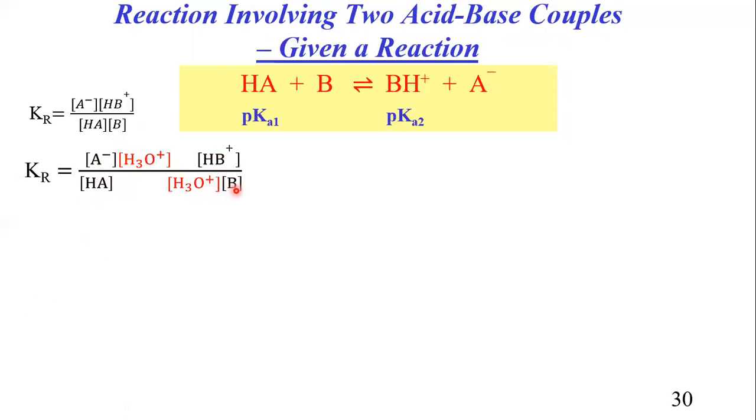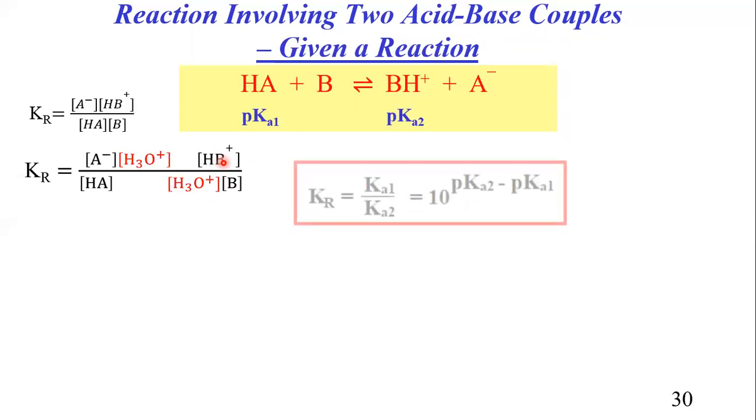BH3O+ times B and HB+. Well, if you flip it, that's actually going to be the Ka of HB+, or this is actually 1 divided by the Ka of the HB+.